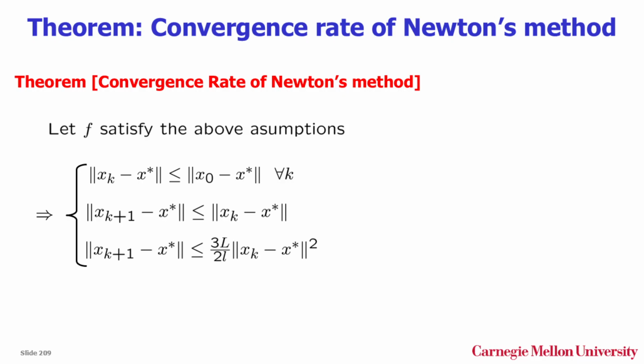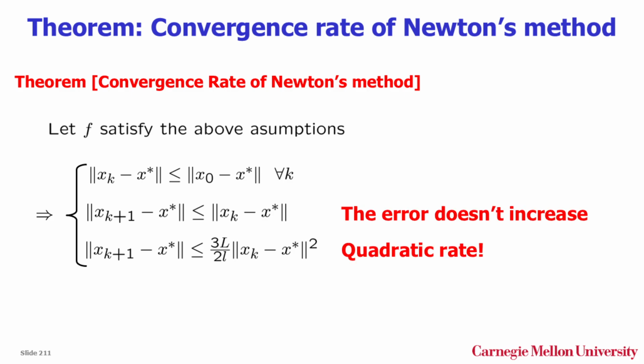And finally, we can also prove that the norm of x_{k+1} minus x star is upper bounded by a constant times the squared norm of x_k minus x star. The second claim shows that the error doesn't increase across iterations, and the third claim establishes a quadratic convergence rate. The proof of this theorem is provided in the appendix.